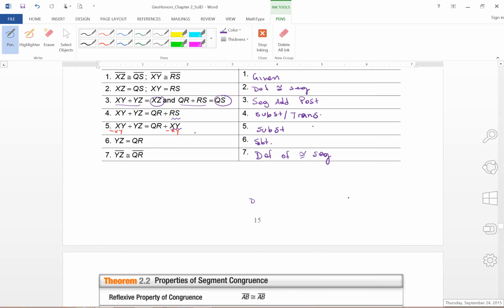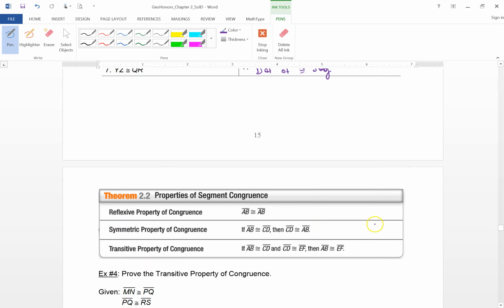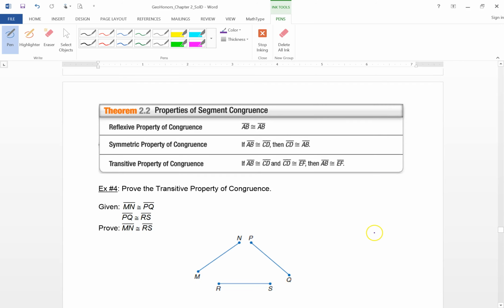So we talked about before properties of equality, and remember there was the reflexive, symmetric, and transitive. Well, here they are again. Before they were just properties.